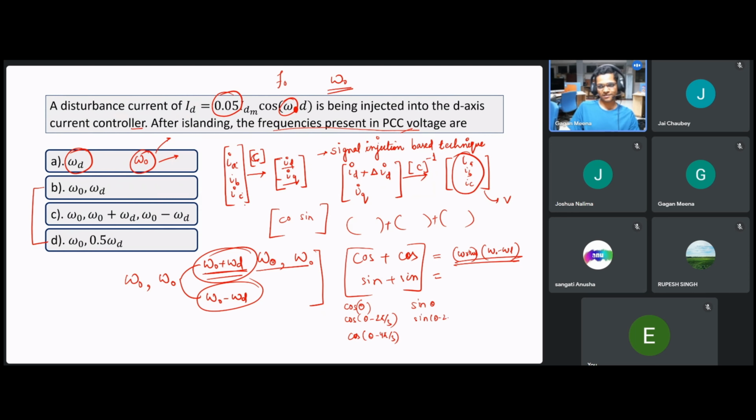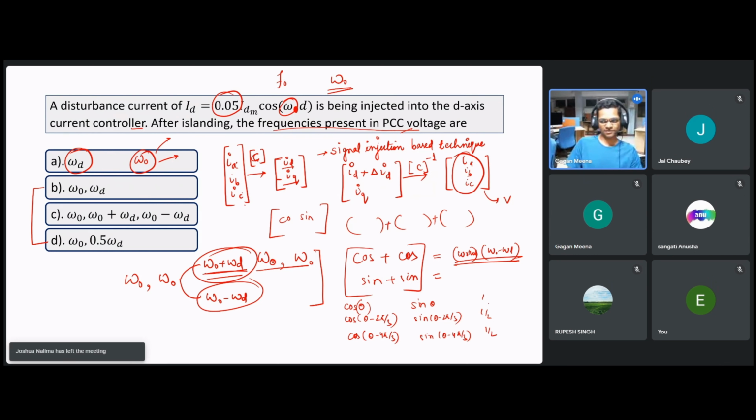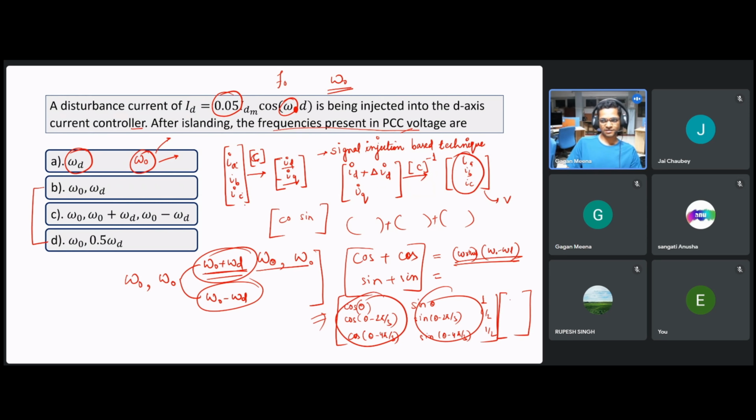Then similarly we have these sine terms. There is some factor, I think half, I don't know exactly. I have to check this. But such sine and cos components are there.